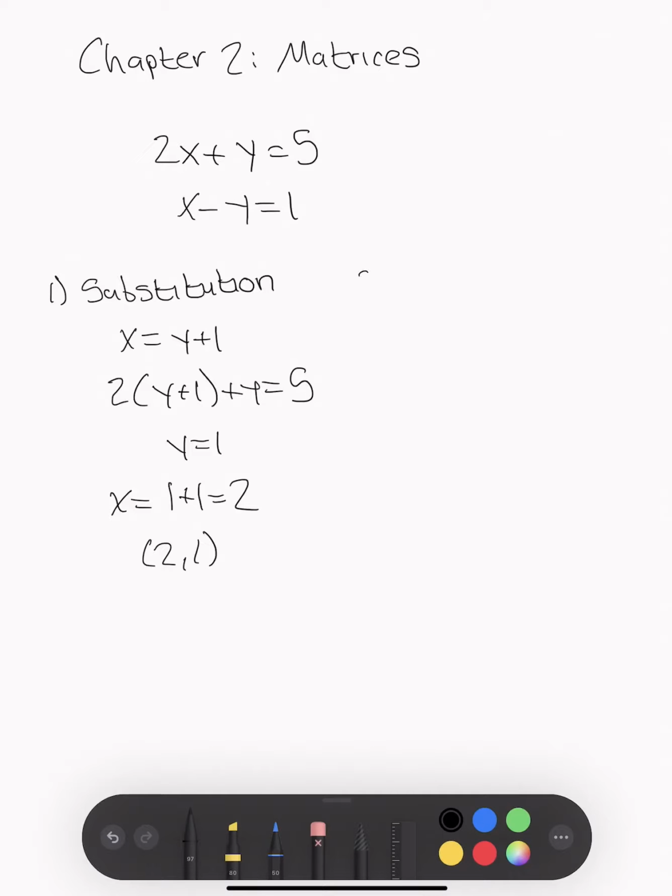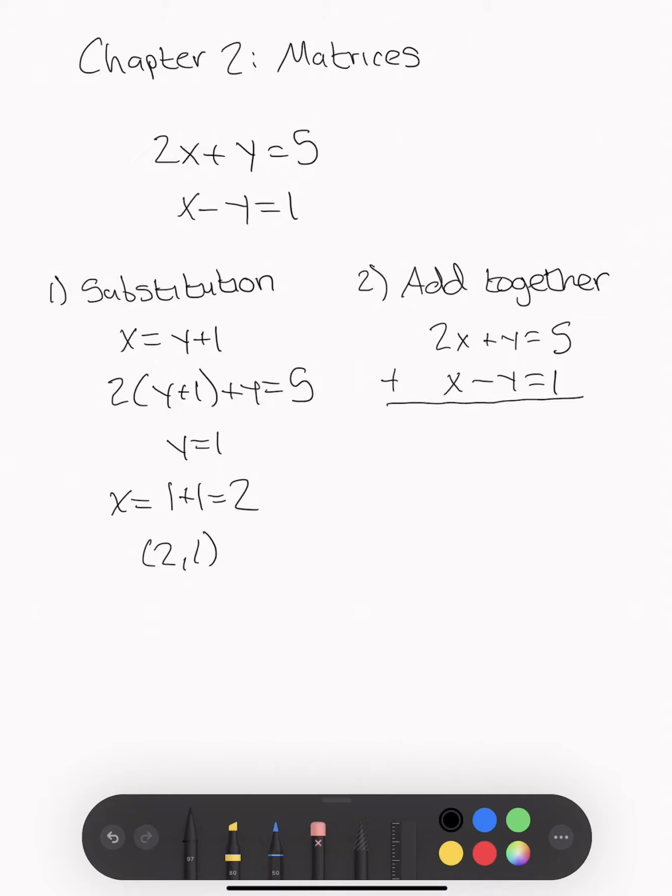Another way of doing it, which I really never used in Algebra 1 because I was scared of it, is that you can add these two equations together. So if you'll notice, I'll write them again. 2x plus y is equal to 5, and then x minus y is equal to 1. It's a little weird to think about, but if you add each of these terms together, the x's make 3x.